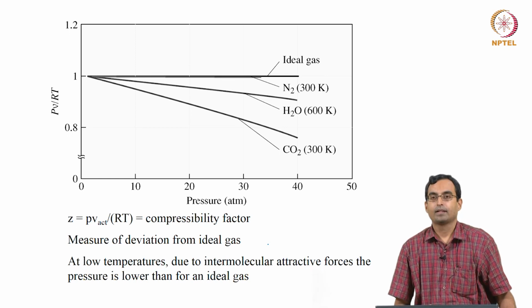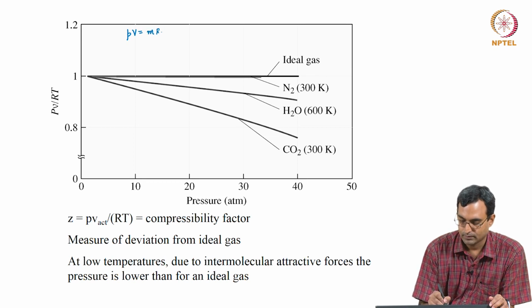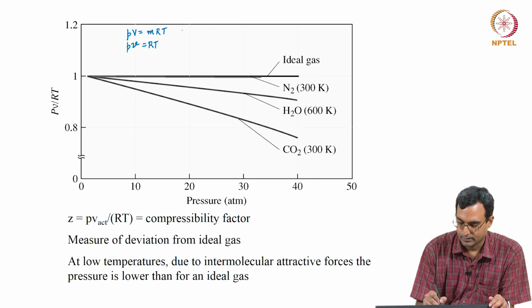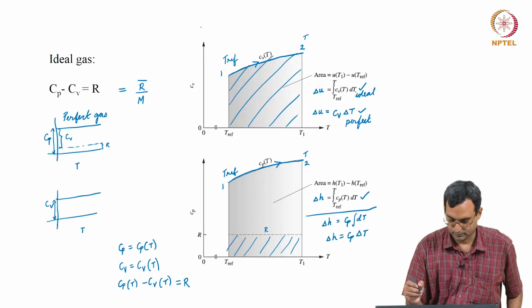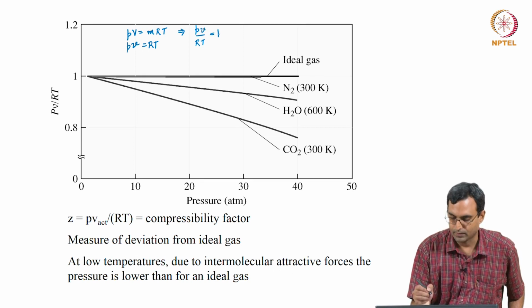So, if we look at the equation of state, we have Pv is equal to mRT, or P small v is equal to RT, which gives us Pv by RT is equal to 1.